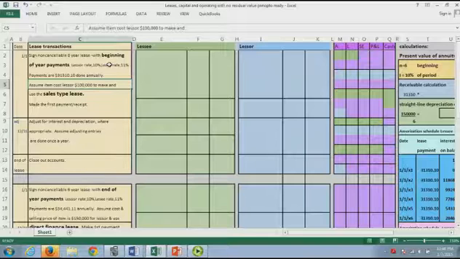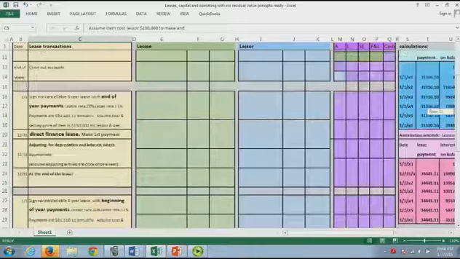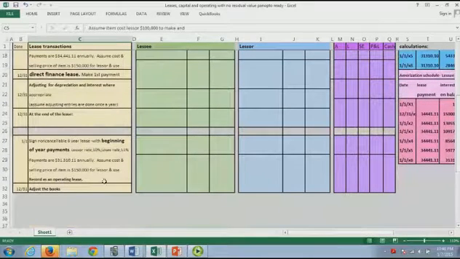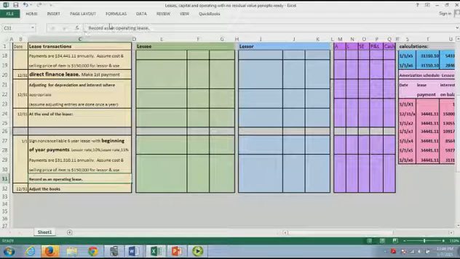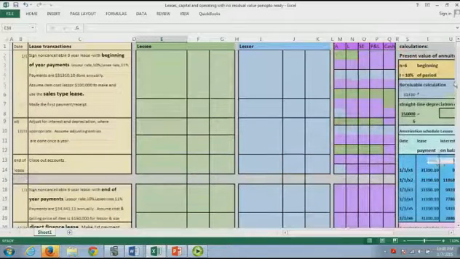In the second iteration down here, you'll see that we look at the same lease, but what would happen if the payments were at the end of the period, at the end of the year. And then the third option is short and sweet, which would be looking at it if we record the lease as an operating lease. Let me make this a little bit larger so you can actually see it. So those are the three different ways from the same basic facts.